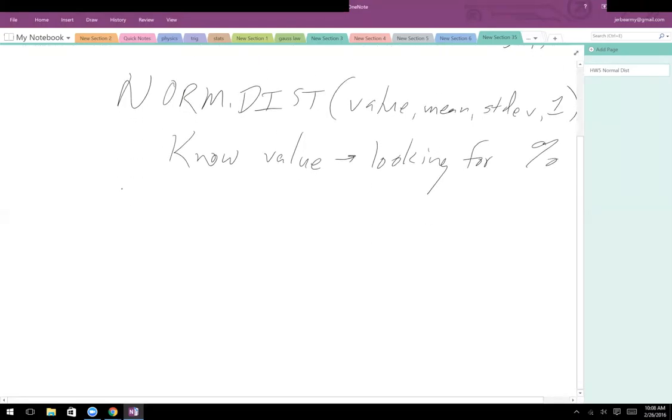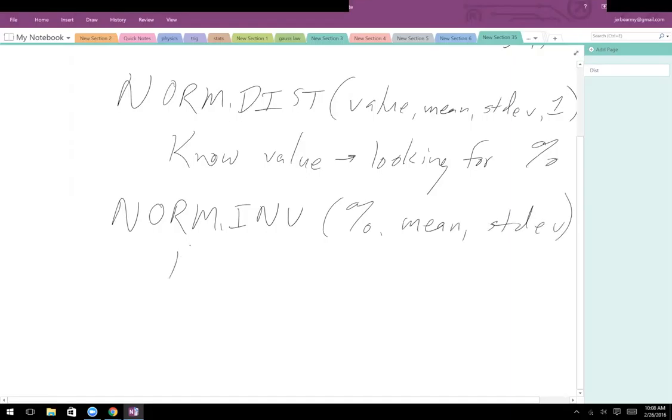The other way around is NORM.INV. You put in the percent, the mean, and the standard deviation. So this is if you know the percent that you are interested in and you want to know the cutoff value.